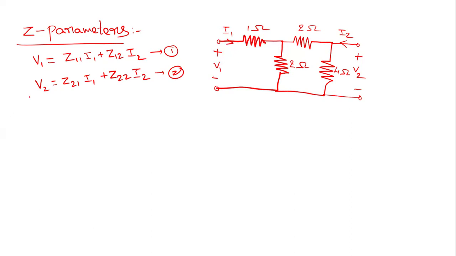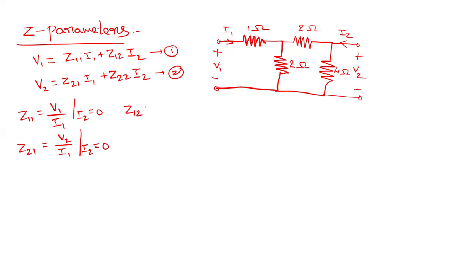If you write the individual parameter equations, Z11 is nothing but V1 by I1 with I2 0. Similarly, Z21 is V2 by I1 with I2 0.